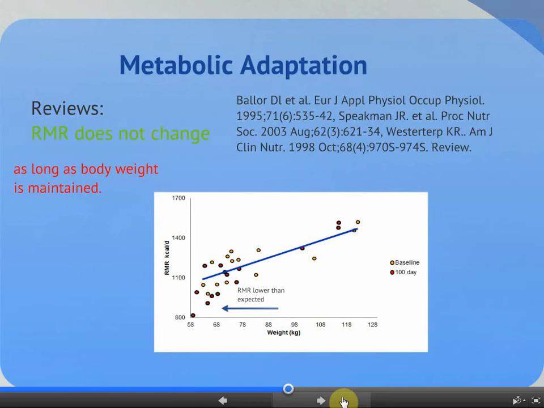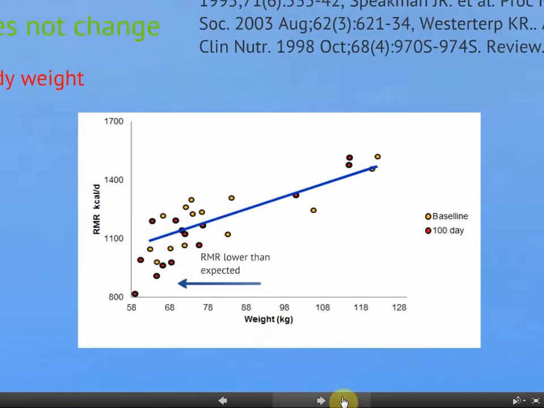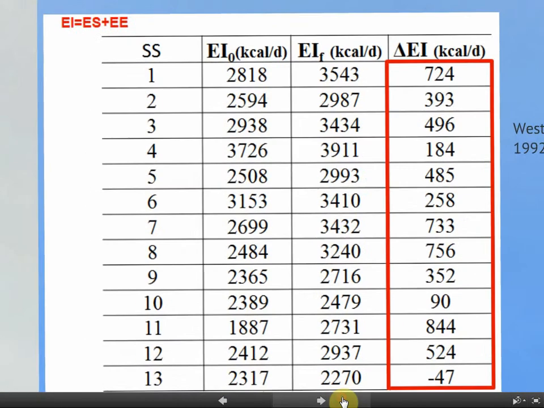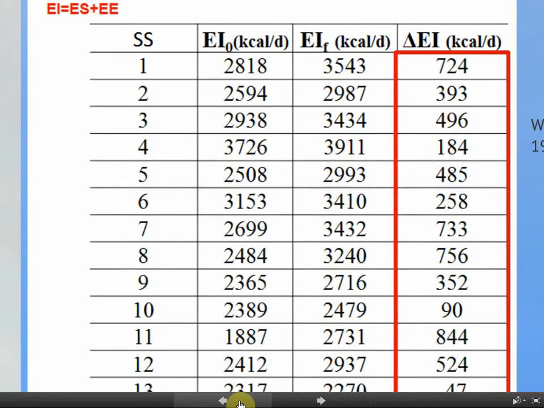In the energy balance equation, if you move EE, EI might move too. That's the problem. And they didn't control for the EI part. And Claude told me that this was a really hard study to do. He's like, oh, I could not let them out. They would eat.